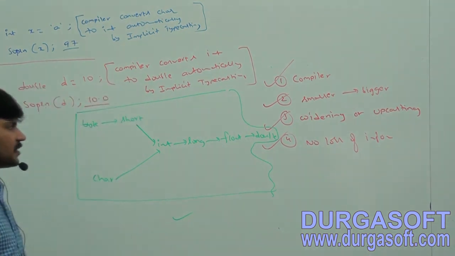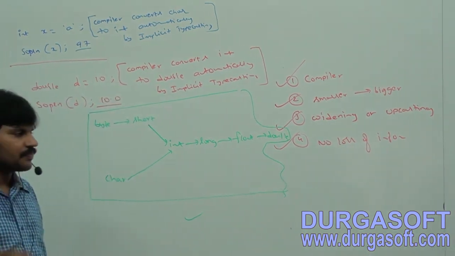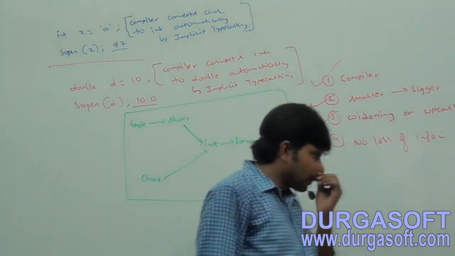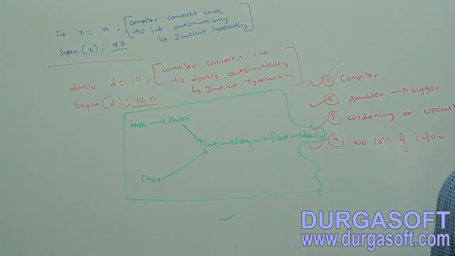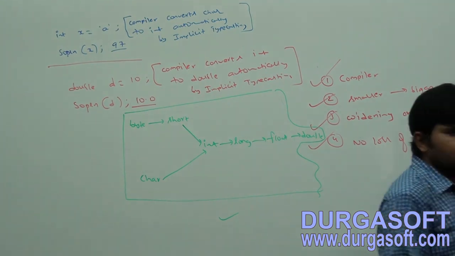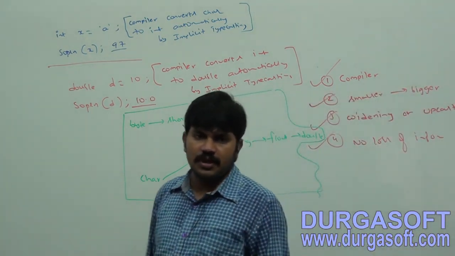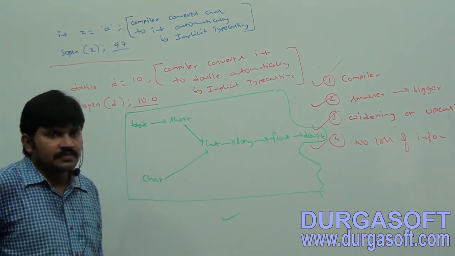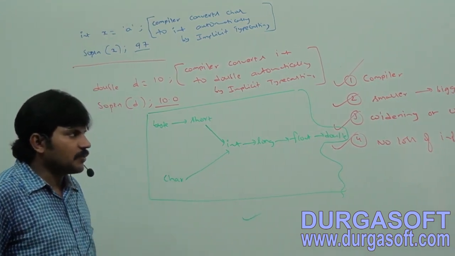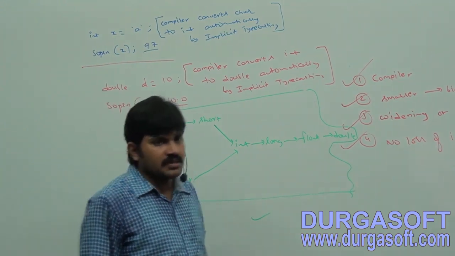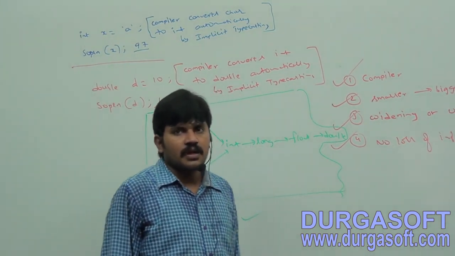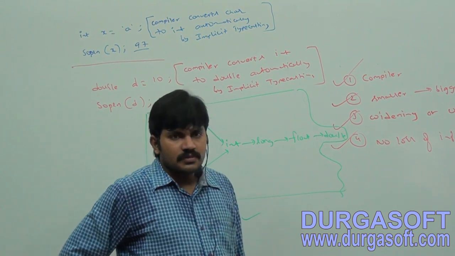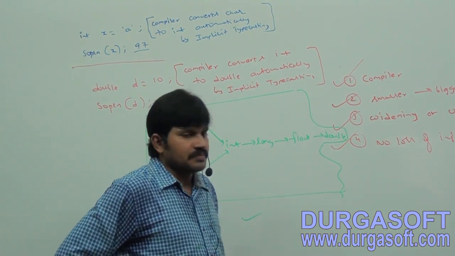So who is responsible to perform implicit typecasting? What are the various important points? Let's take point by point. Under implicit typecasting, first point: the compiler is responsible to perform implicit typecasting.